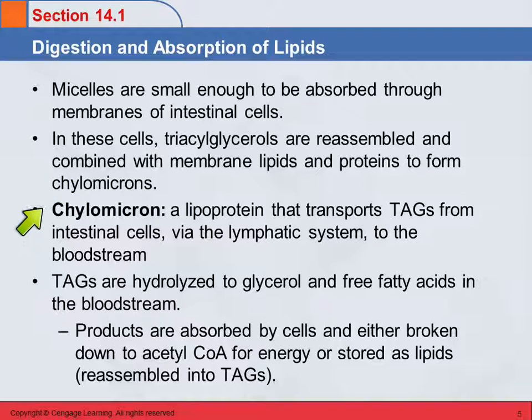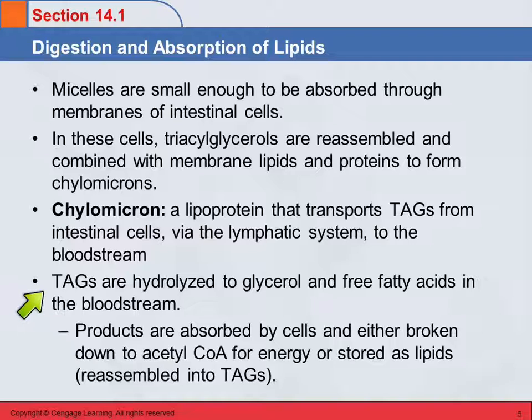Chylomicrons are lipoproteins that transport these TAGs from the intestinal cells. So these chylomicrons form from the reassembled triacylglycerols, membrane lipids, and proteins. And what they do is they transport the TAGs. They go via the lymphatic system eventually to the bloodstream.